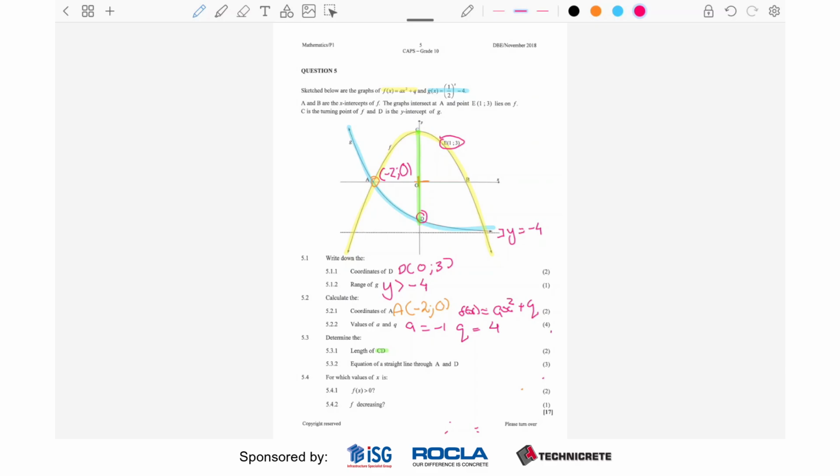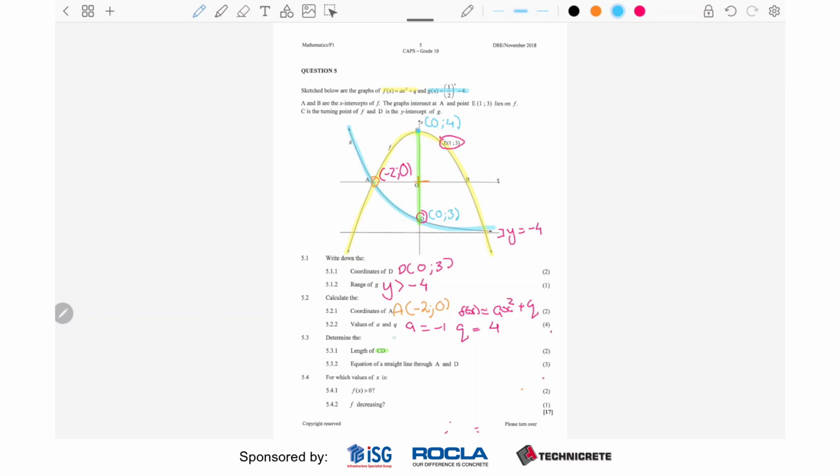So we know C is on the parabola and we know the q value is 4. Therefore, this would make C's point (0, 4). Now we know D's value because we calculated it. It's (0, -3).